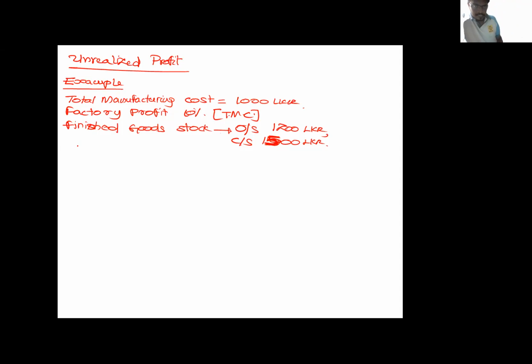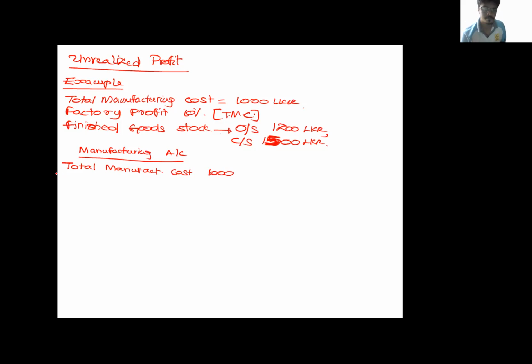Then this is my manufacturing account. In manufacturing account, I have identified total manufacturing cost, rupees 1,000. Okay.